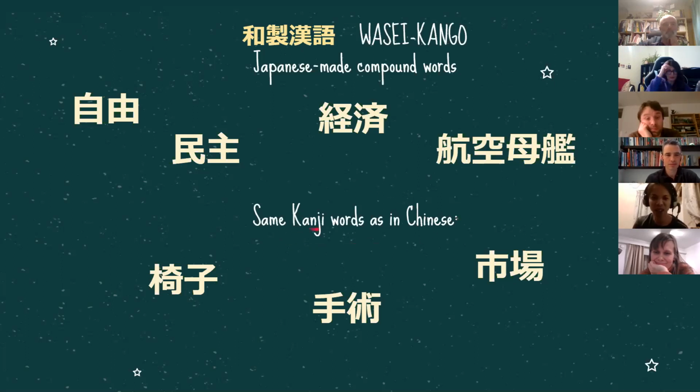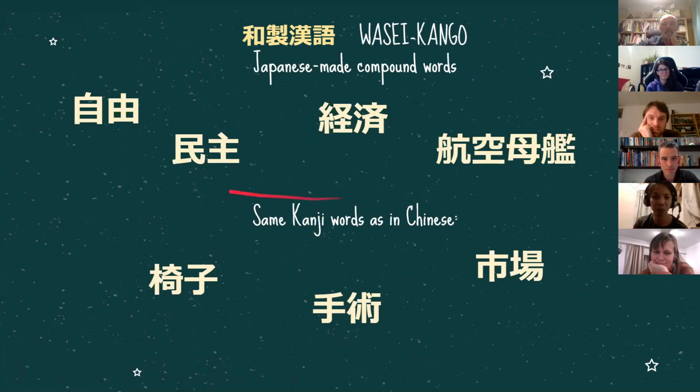And there's also another category of kanji which share the same writing as in Chinese language. Isu for chair, shujutsu for operation, and ichiba for market. And that means if you write any of these compound words to your Chinese friends, they should be able to understand it perfectly.